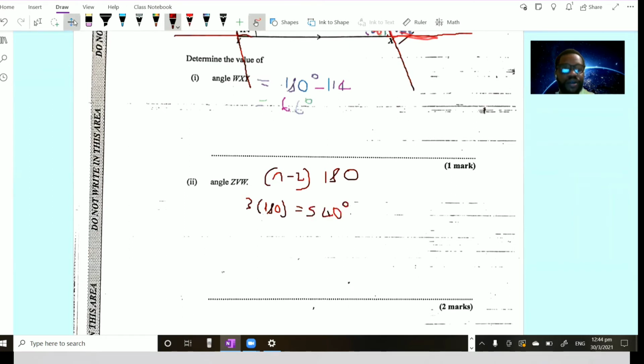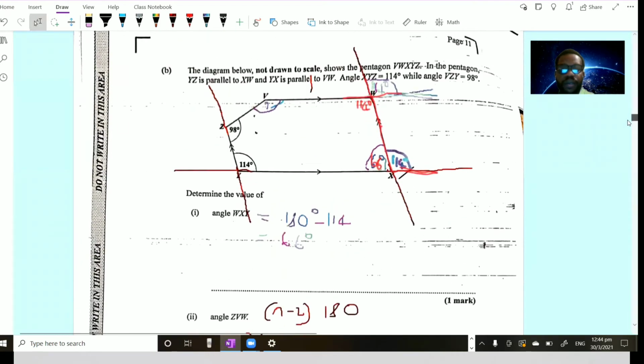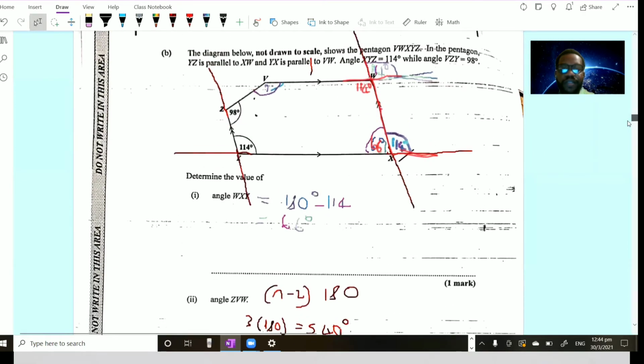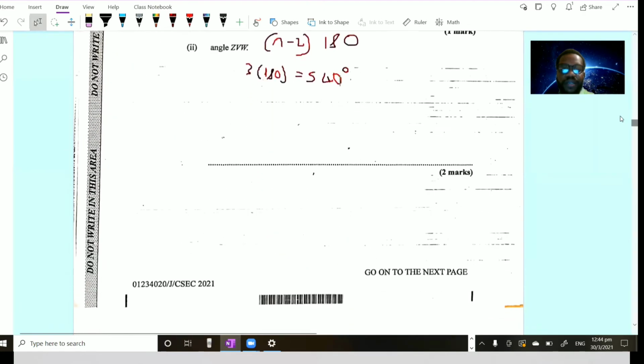So to find that angle up here, let me just scroll back up a bit. To find ZVW, I just need to add up all these angles and subtract them from 540. So we have 98, 114, 114, and 66.